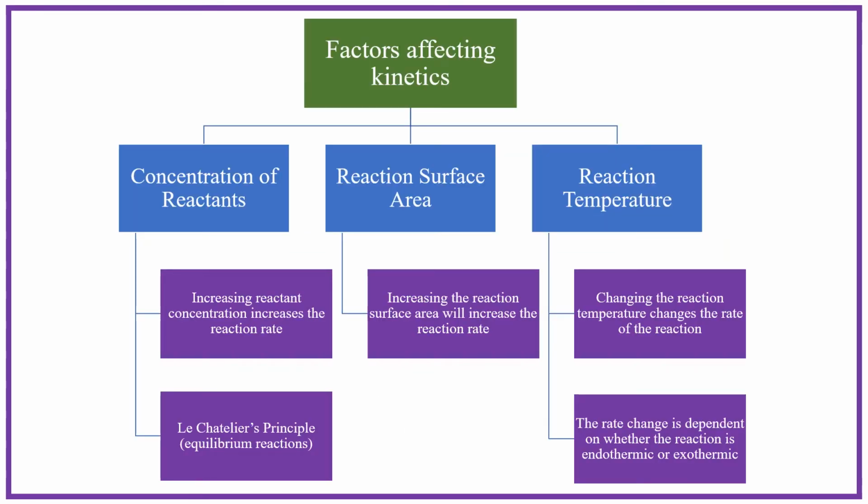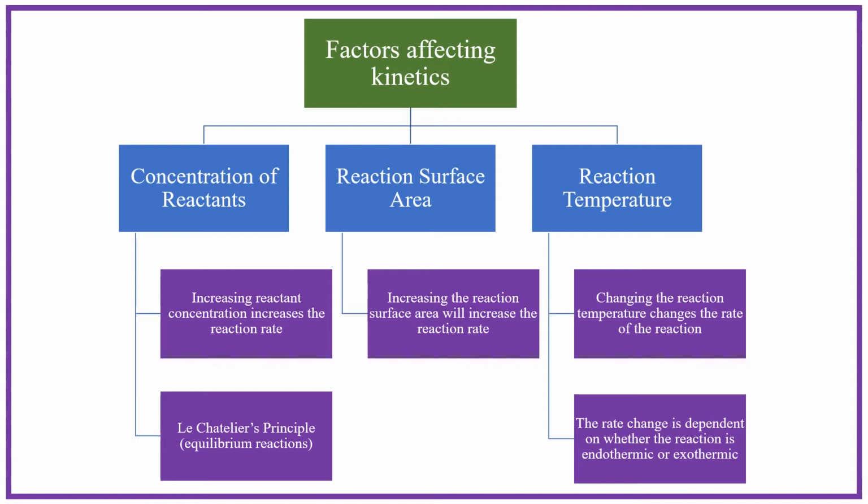There are three primary factors that influence the kinetics of a reaction. First is the concentration of the reactants. The higher the concentration, the faster a reaction will generally progress. In equilibrium reactions, which will be covered in the next video, this concept is displayed using Le Chatelier's principle.